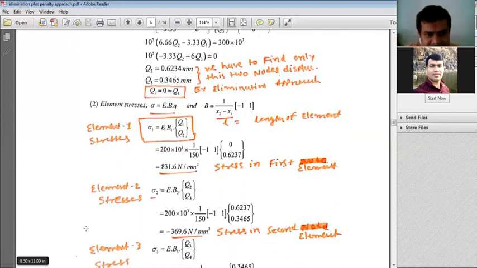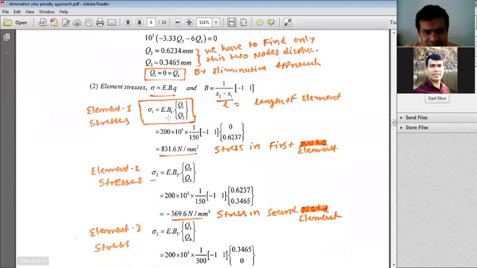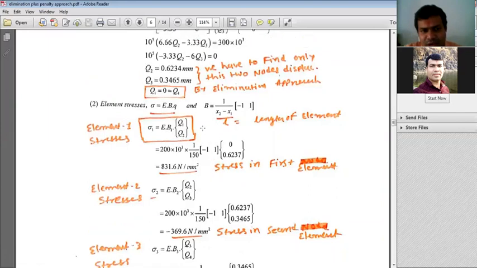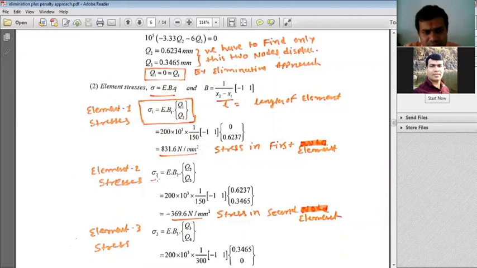So you have to find out element stresses by using the equation sigma equals E, B, and Q. So Q1, Q2 in the form of a matrix, we already know the values of Q1, Q2, right? So you have to put in all the values you know.